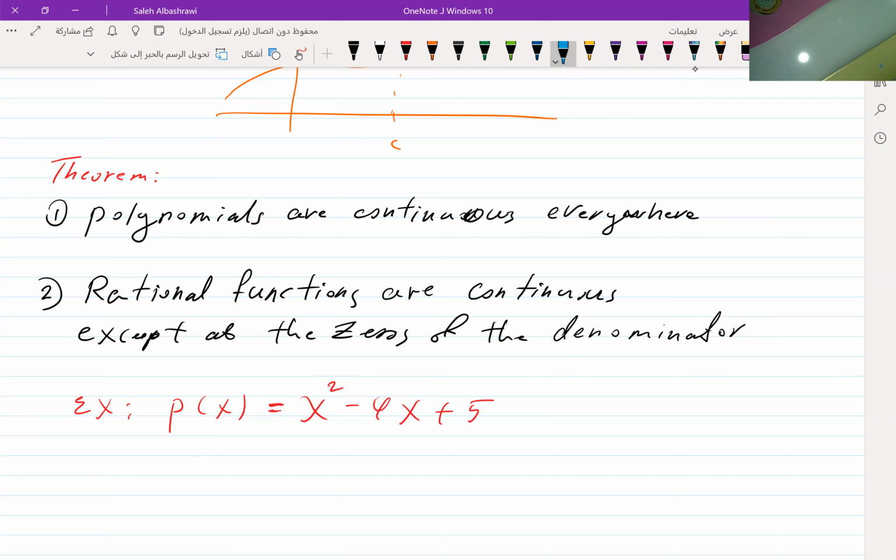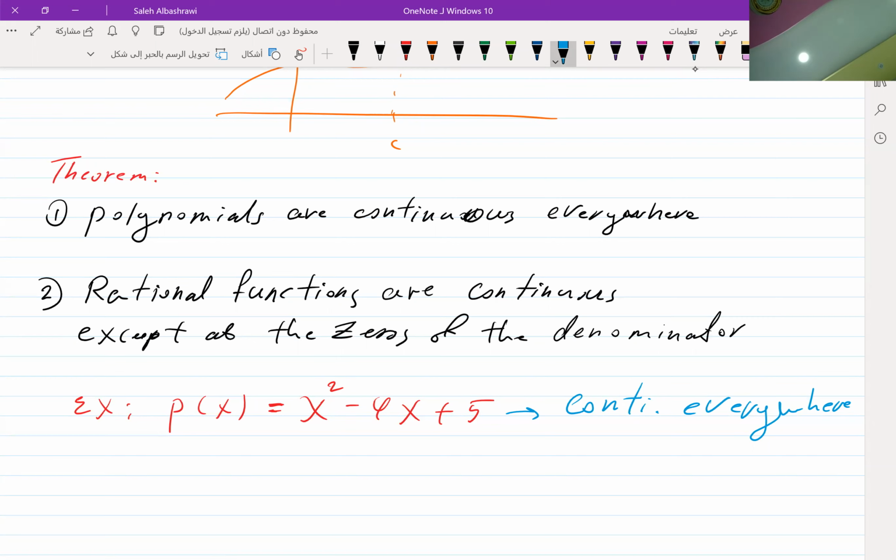This one is continuous everywhere, means from minus infinity to plus infinity. Any point between minus infinity to plus infinity, the three conditions will be satisfied. So for the polynomials, they are continuous everywhere.